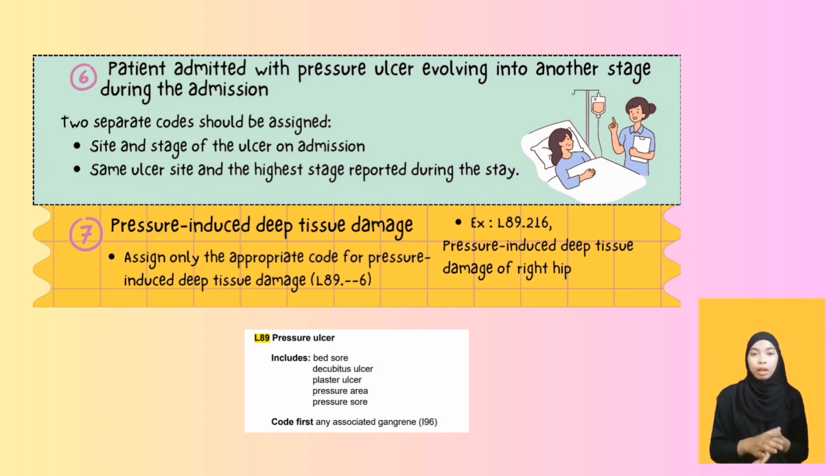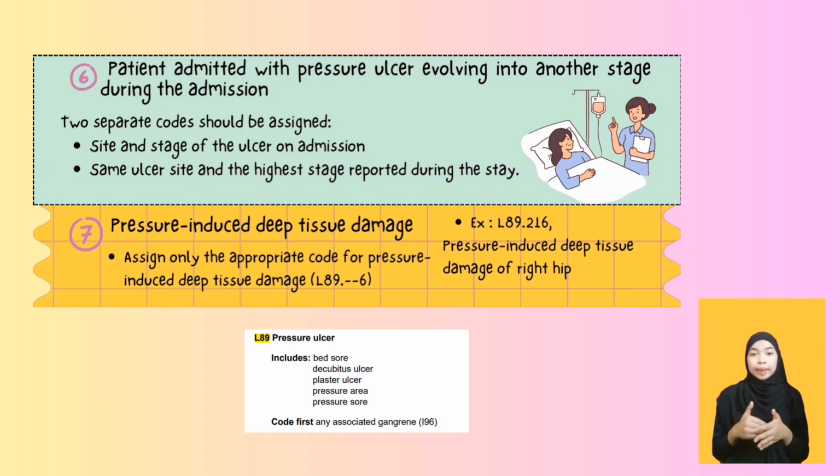For example, the first code is L89.021 pressure ulcer of left elbow stage 1, and the second code should be L89.024 pressure ulcer of left elbow stage 4 as it progressed to the higher stage during the stay.